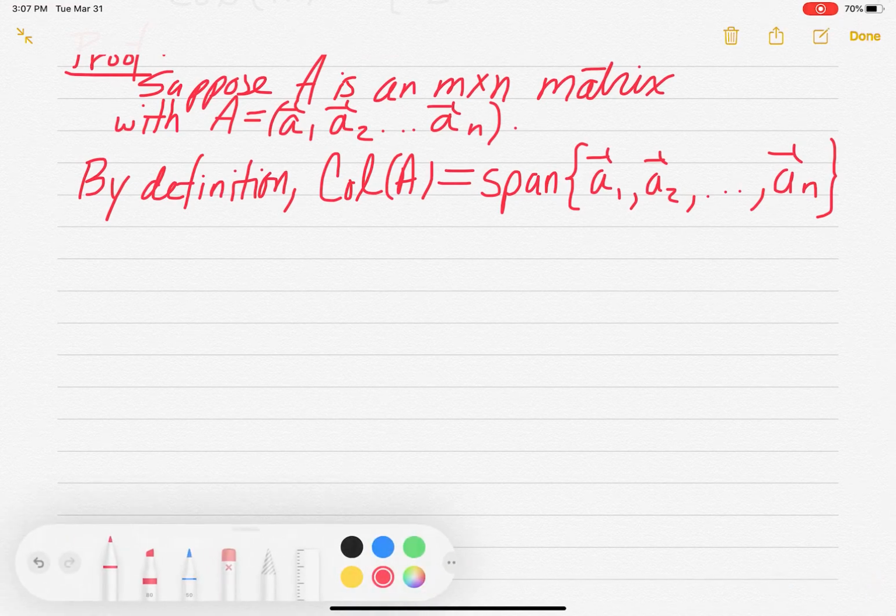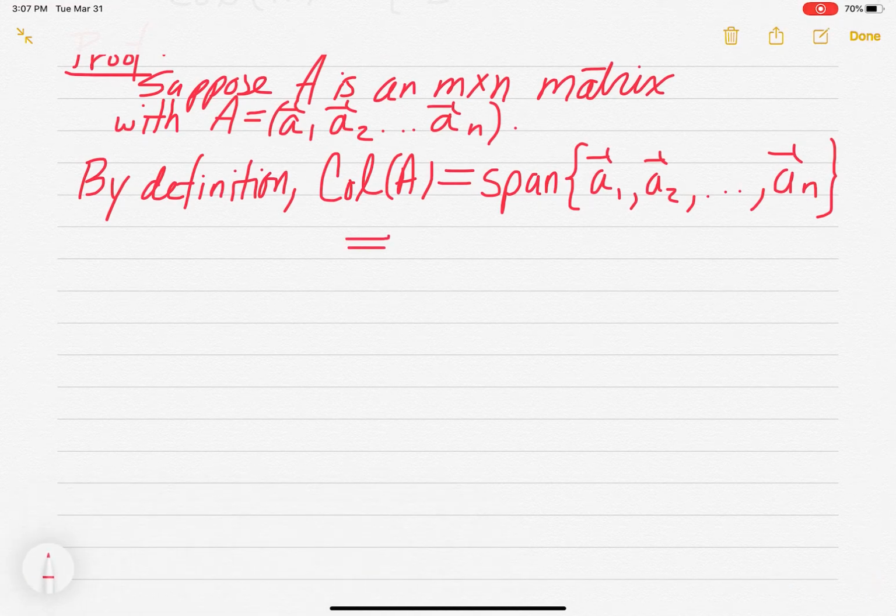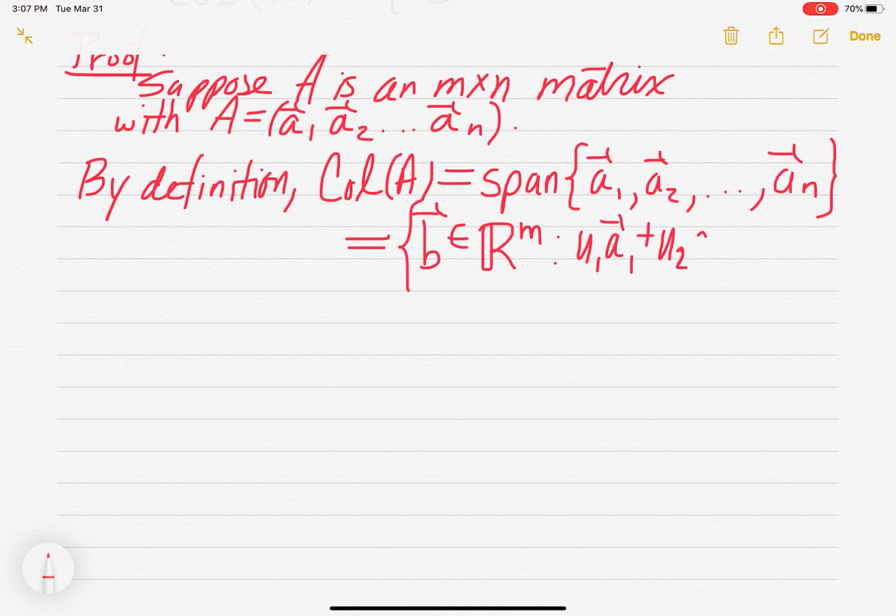So I can write this is equal to the set of all vectors B in Rm such that U1 A1 plus U2 A2 plus dot dot dot UN AN equals B for some UJs in the real numbers.